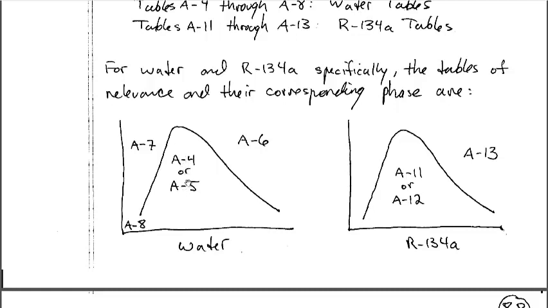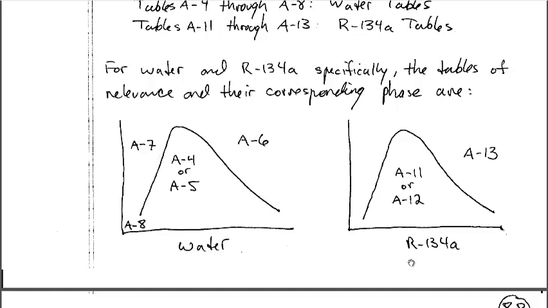We'll talk about the differences between these two in just a moment. If my substance's phase is a superheated vapor, then I go to table A6. And if my substance is a saturated solid vapor two-phase mixture, in other words, if it's sublimating, then I go to table A8, okay? We very rarely, if ever, will use table A8. We will mostly use tables A4, A5, and A6, and to a lesser extent, table A7.